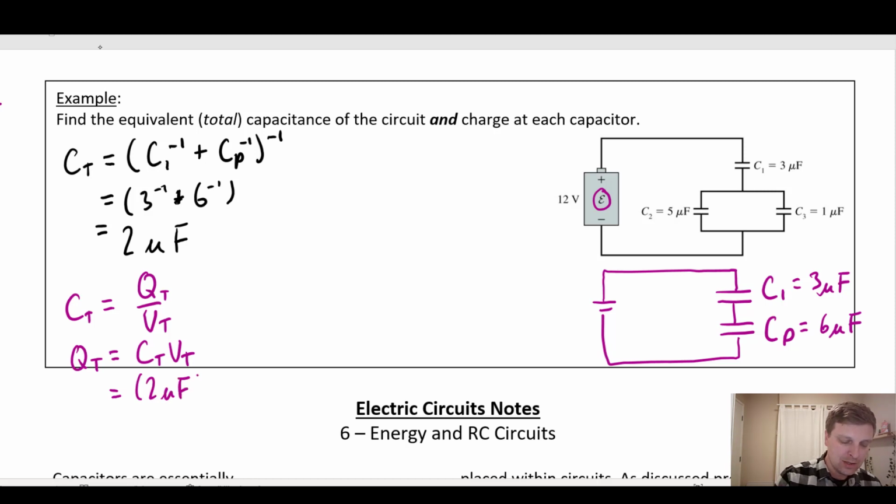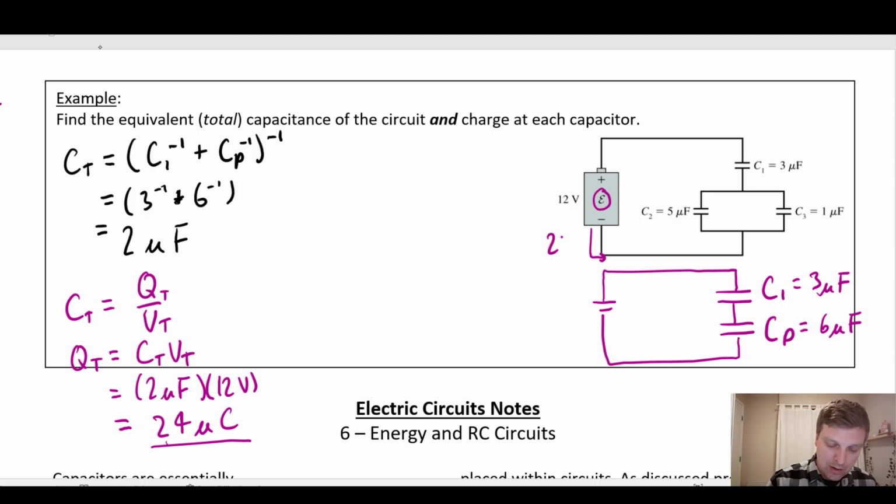I'll put my micro in this time so I don't get in trouble. And the voltage is 12 volts. So a total charge of 24 microcoulombs is going to flow from the battery. Okay, so 24 microcoulombs go out that way, and then 24 microcoulombs come back too, right? It's got to be a complete circuit.